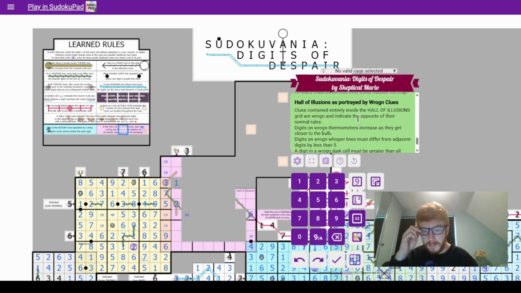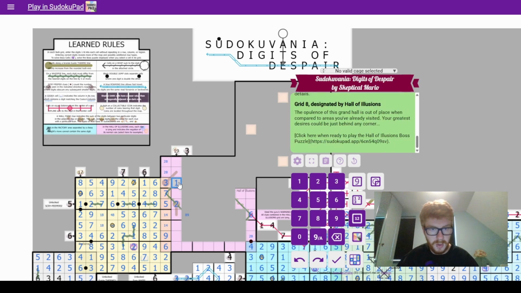Clues increase as they get closer to the bulb. But I feel like then that must be a 1. And that's already a 1. Because that is true. So they must increase.